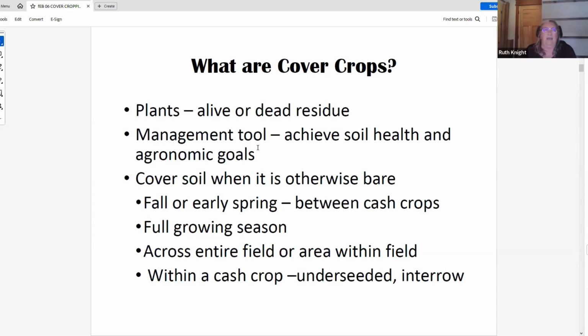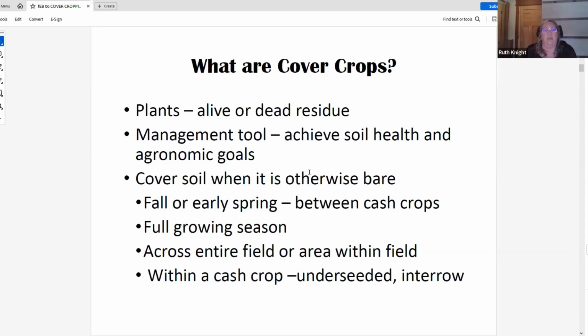And basically the term cover is to cover the soil when it's otherwise bare. There are various times in which this can happen in relation to the cash crops or the crops that we're harvesting.